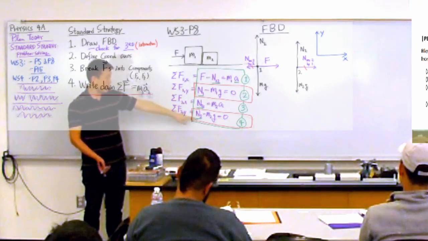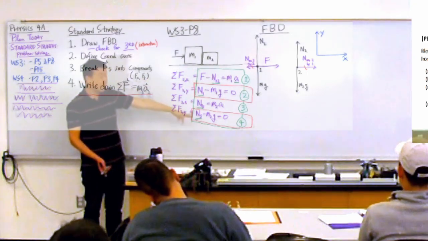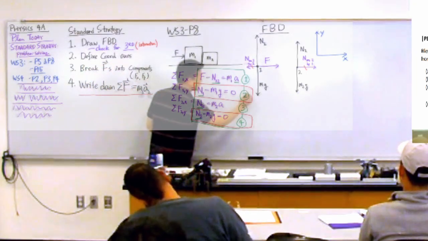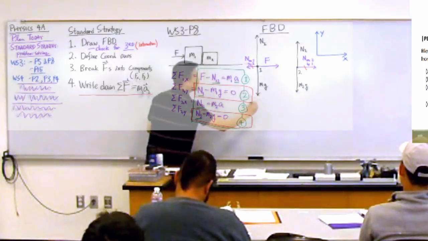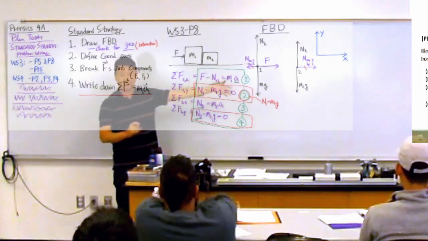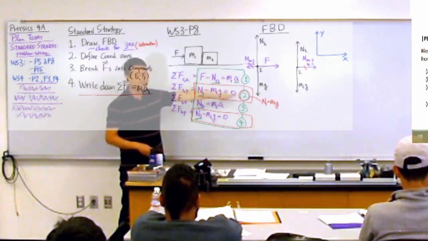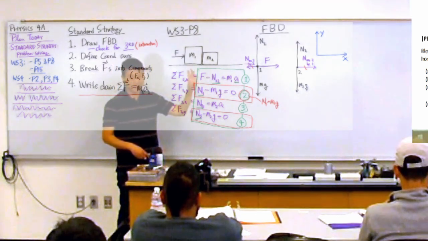Same thing with N2. So you can use this equation to solve for N1 and say that N1 is equal to m1g. It's known. But at the same time, you got rid of one equation. So you're down to 3 equations and 4 unknowns.